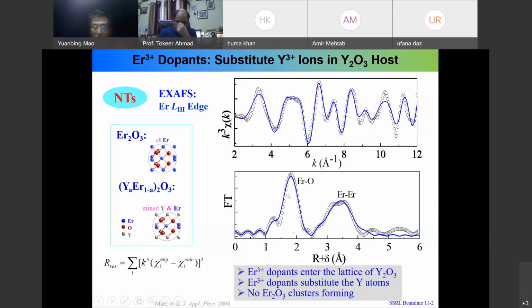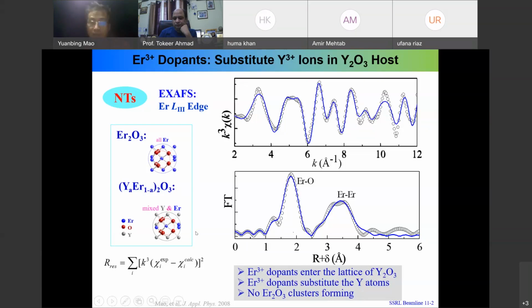And here, from this, we can see that the erbium-oxygen bond lengths and the erbium-metal bond lengths are all matching with this model. So that tells us the erbium dopants enter the lattice of the yttrium oxide, and the erbium dopants substitute the yttrium atoms, and no erbium oxide clusters formed, right? Because if clusters formed, the surroundings of these erbium ions would be different, right?